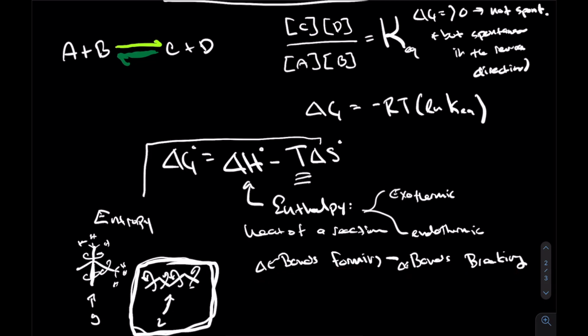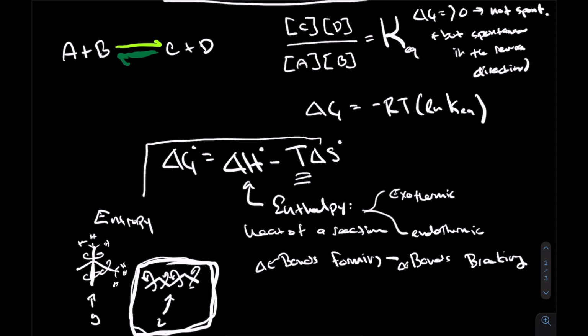And a lot of these are known. The energy associated with a carbon-carbon bond breaking is pretty well known, and the energy associated with a carbon-carbon bond forming is pretty well known. And you can generally calculate these things a priori, that is, before you even do the experiment, from known bond association energies.